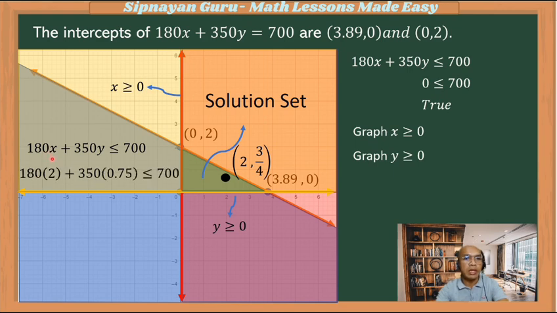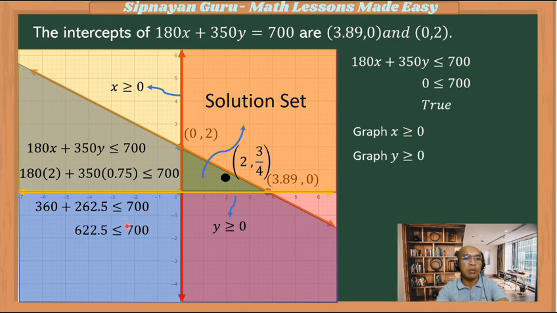So 180, the value of x is 2, plus 350, the value of y is 3/4. In decimal, that is 0.75, less than or equal to 700. 180 times 2 is 360. Then 350 times 3/4 or 0.75 is 262.5.